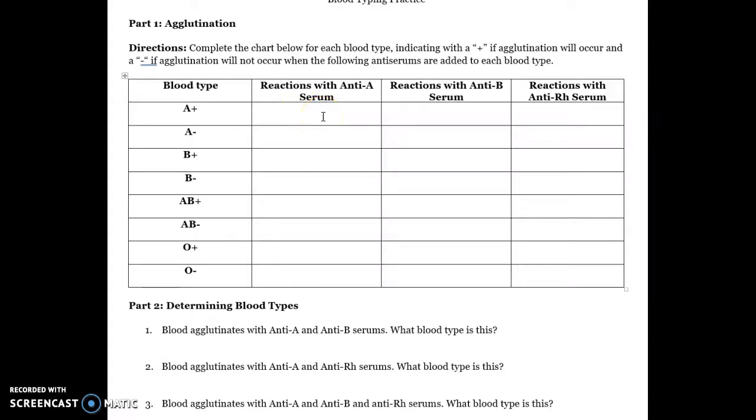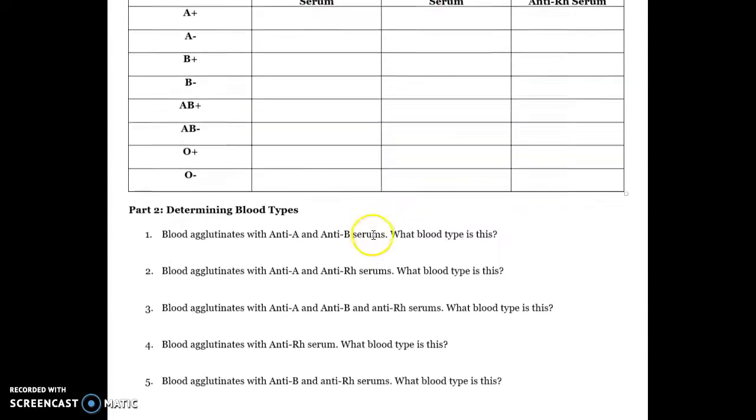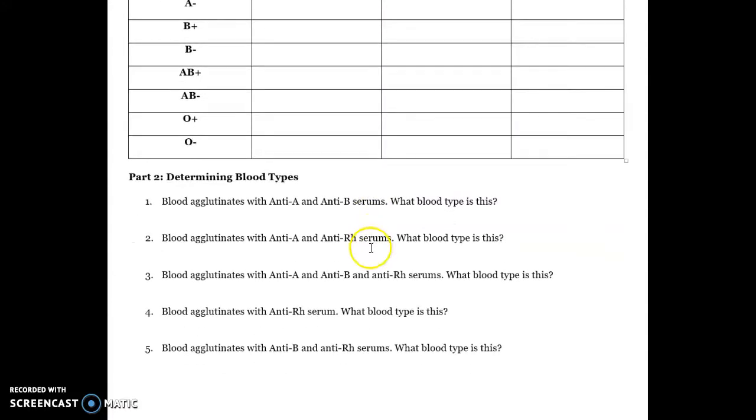Will it clump or not? How about when you mix in the anti-B or the anti-Rh? So you will be putting essentially pluses in each box where agglutination would occur and minuses in the boxes where no agglutination would occur.